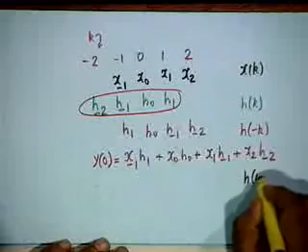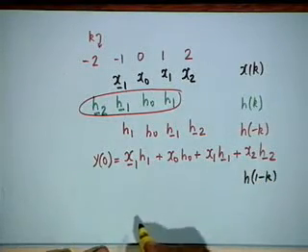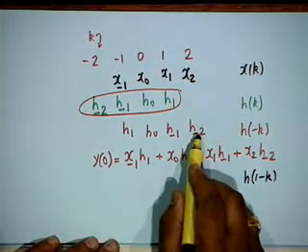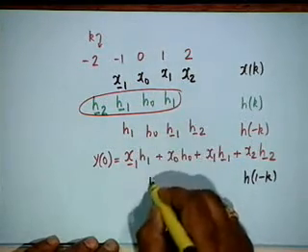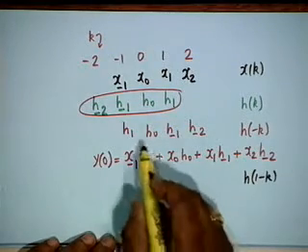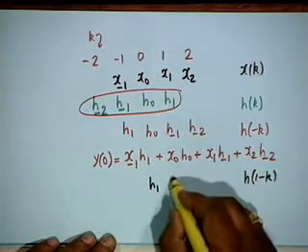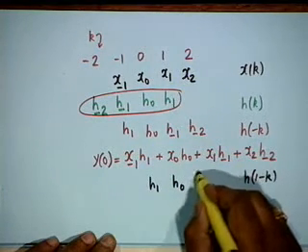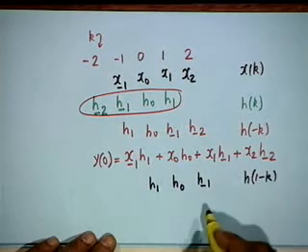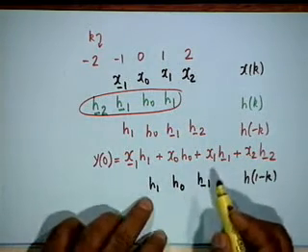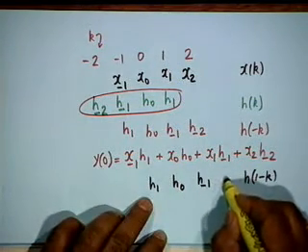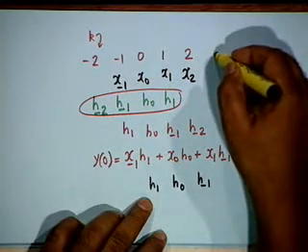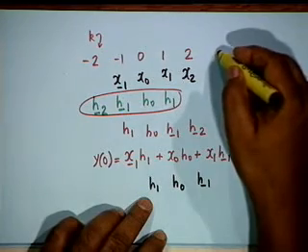Okay. Our next task would be to find y1. So, we find h of 1 minus k. Then we shift this signal by one sample. So, I get h of 1 here, this signal, then I get h naught, h of minus 1, then h of minus 2, I do not write it because the corresponding signal is 0, x is 0, agreed.